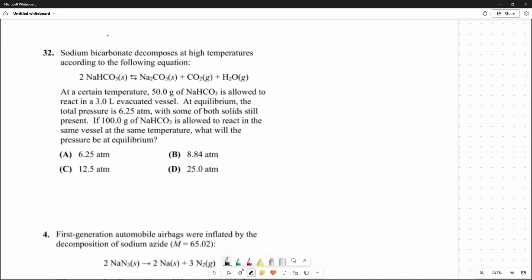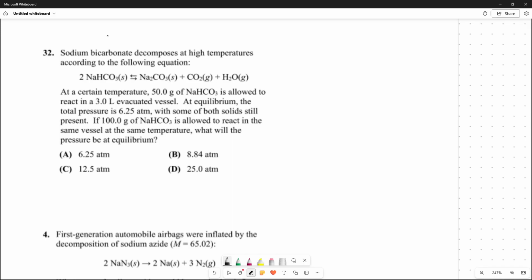At a certain temperature, 50 grams of sodium bicarbonate is allowed to react in a 3-liter evacuated vessel. At equilibrium, the total pressure is 6.25 atm, with some of both solids still present. If 100 grams of sodium bicarbonate is allowed to react in the same vessel at the same temperature, what will the pressure be at equilibrium?